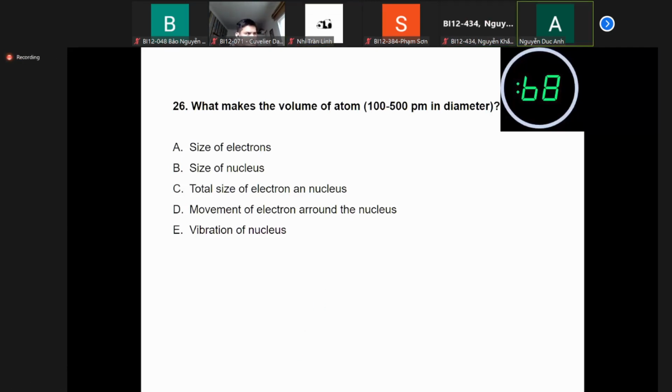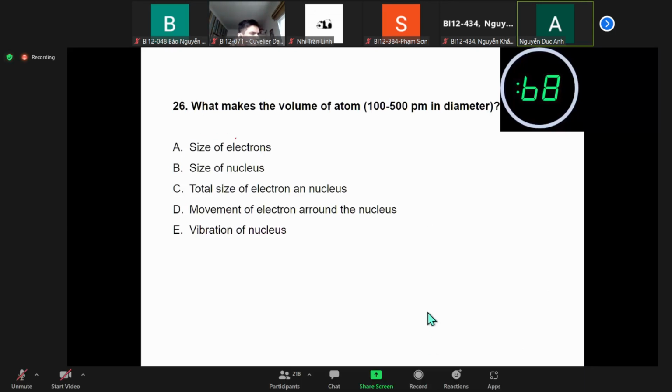So the answer for 26 is D, movement of electron around the nucleus. The next guide. Now you have to take a look at the word isotope. So what is isotope?